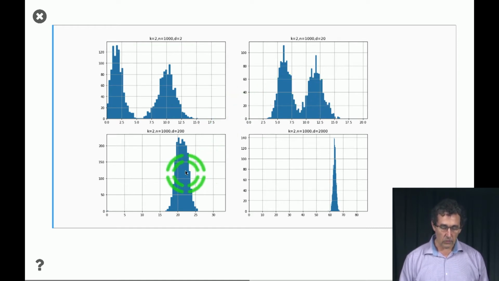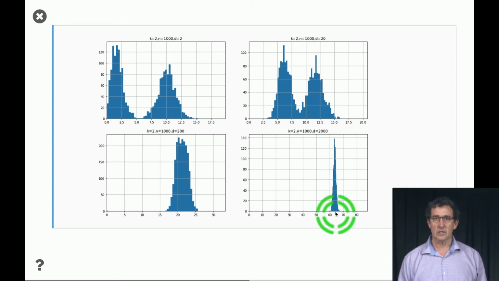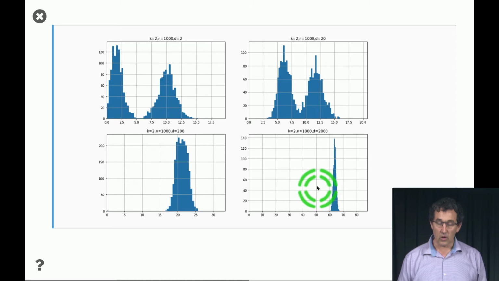When you get to 200, it becomes completely impossible to separate. And when you get to 2000, it really is just a very highly concentrated peak at one particular distance. So the distance between any 2 points is about 65, regardless of whether they come from the same cluster or a different cluster. And if you think about it, that obviously makes it impossible for k-means to do its job, because the distances are essentially all the same.